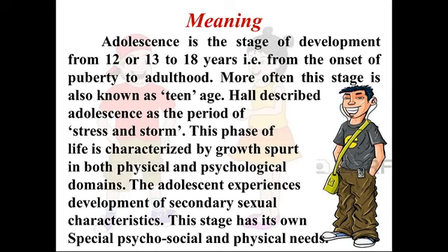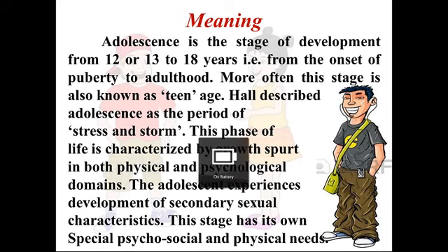Stanley Hall, who worked extensively on adolescence, described it as the period of stress and storm, and he was right in saying that during this period adolescents face numerous challenges. Their body gets a new shape, new characteristics develop in their body, there is a hormonal rush, and their behavior is entirely different from when they were a child.